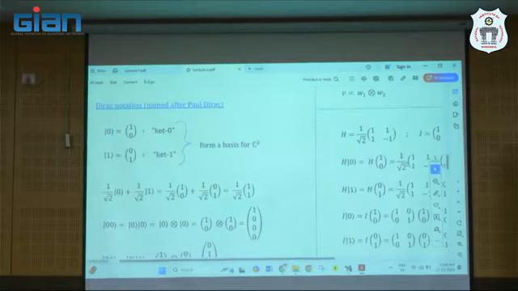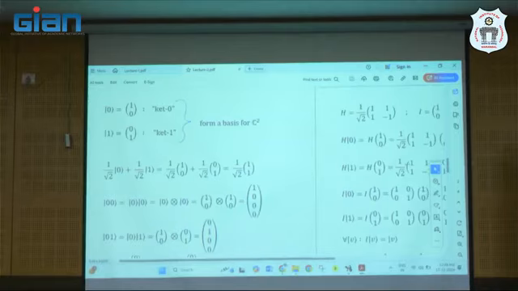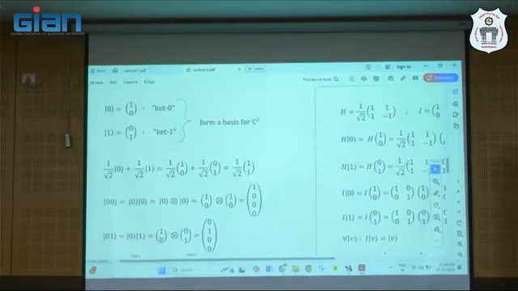But what, for example, let us see how we write 0 1. So you can see that there is this mapping here. You see, 0 1 is ket 0 tensor ket 1, which is 1 0 tensor 0 1.